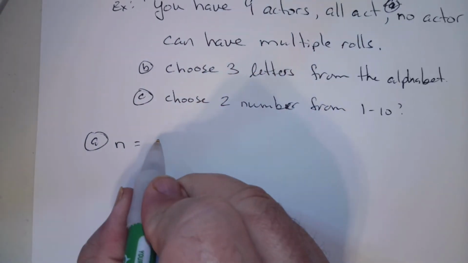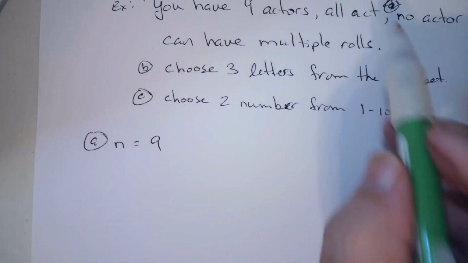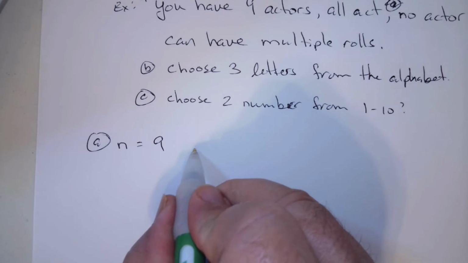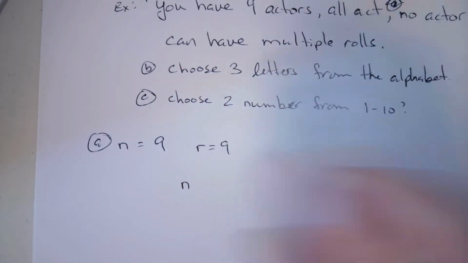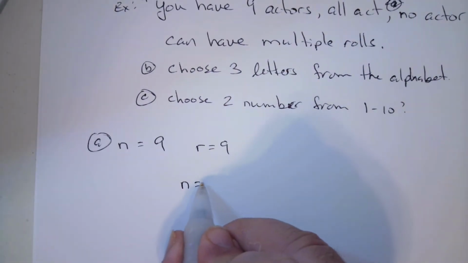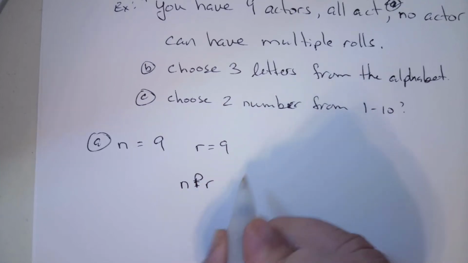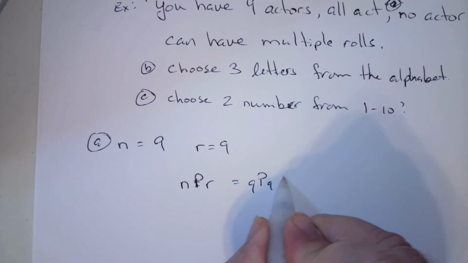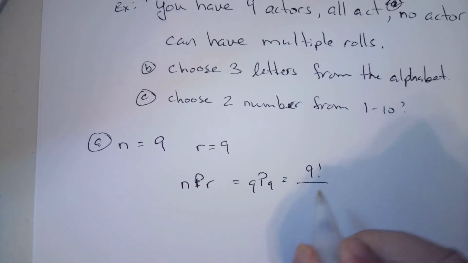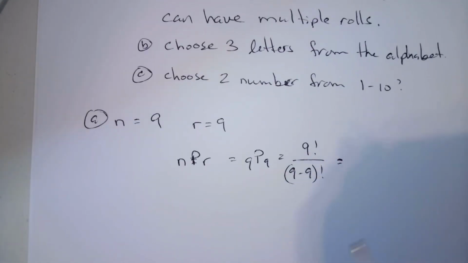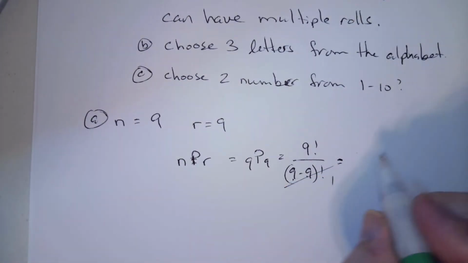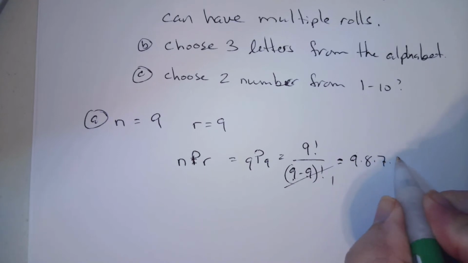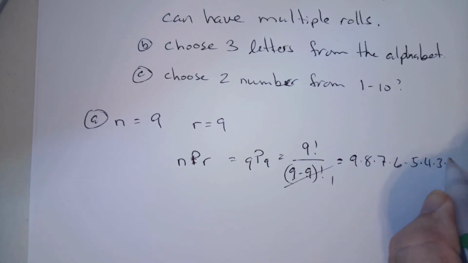Okay, so A. N, we have 9 actors. All actors, no actors can repeat multiple roles, so we have to use all 9 people. Since they're all different roles, N is 9, and R is 9, so it's 9P9, 9 minus 9. 9 minus 9 is 0 factorial, so that becomes 1. 9 times 8 times 7 times 6 times 5 times 4 times 3 times 2 times 1.